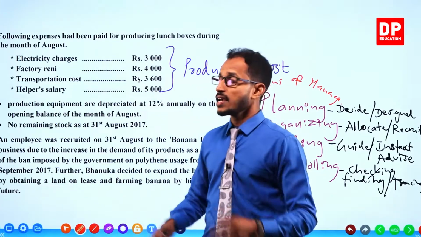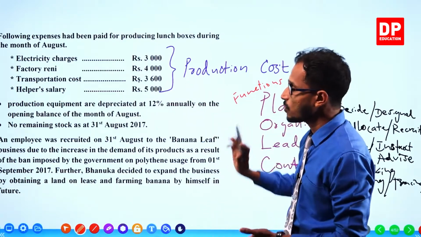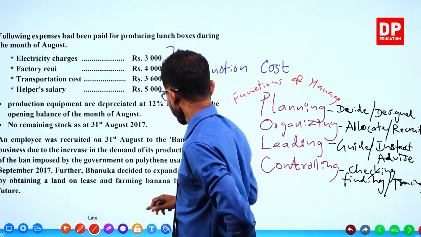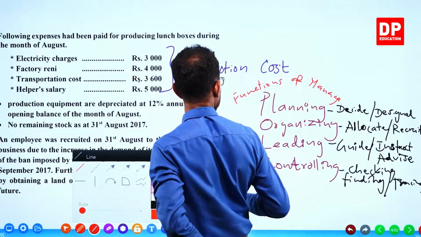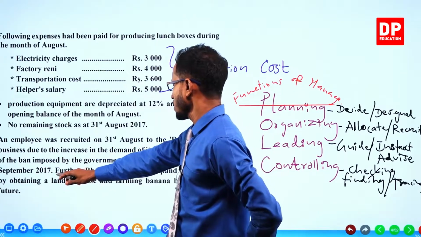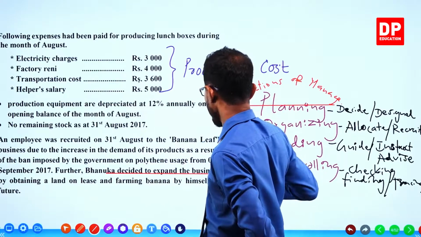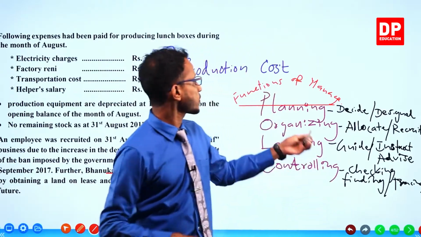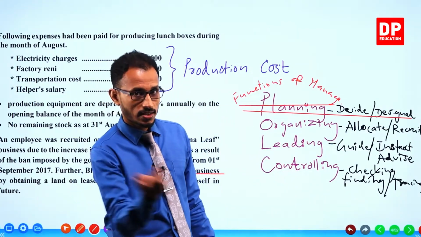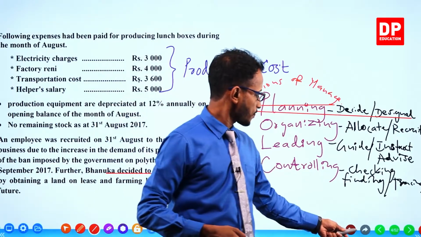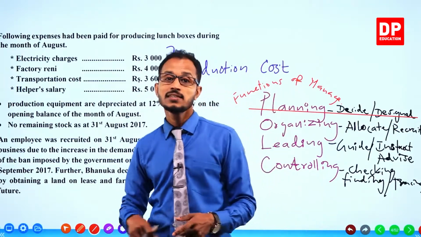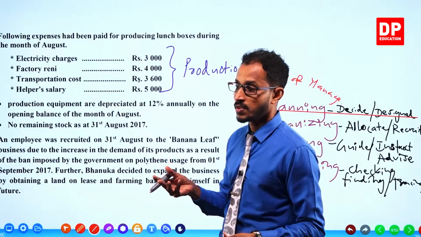So they are asking actually about planning function and organizing function. We have both. This is a planning function. What is it? See, decided to expand the business. Decided, designed, planned.